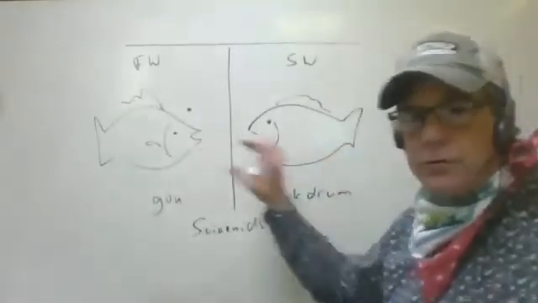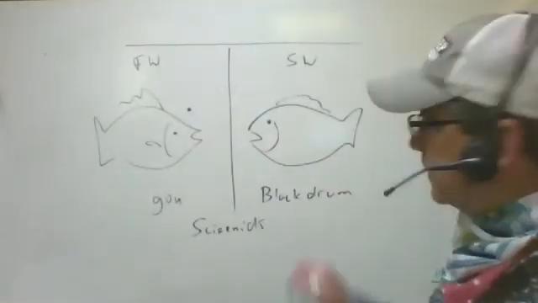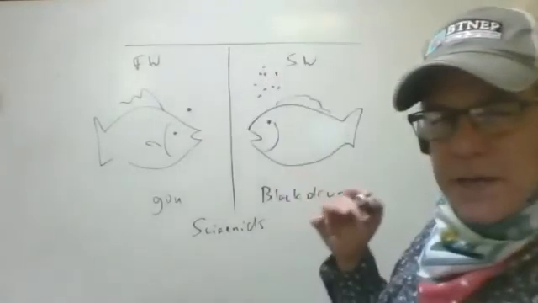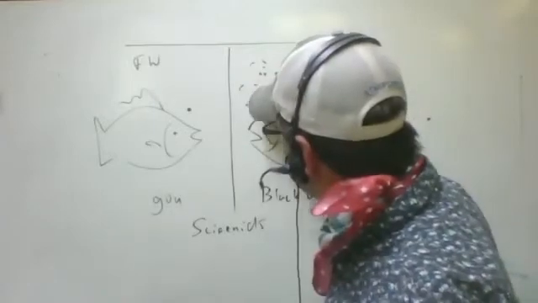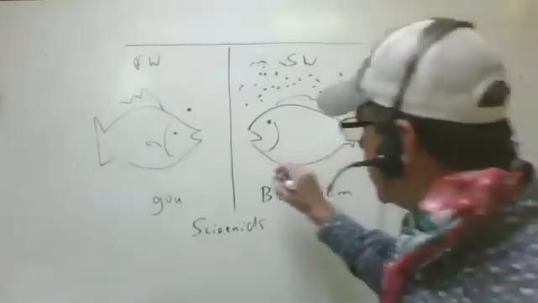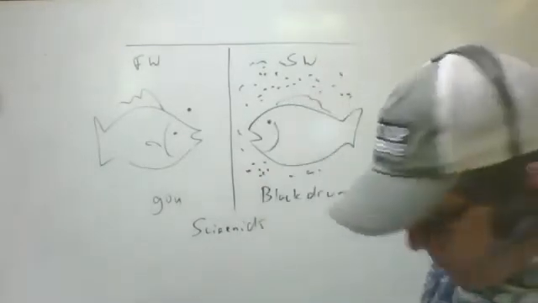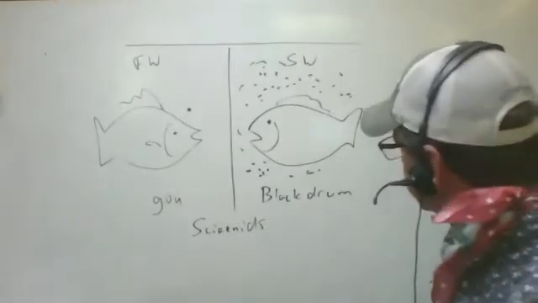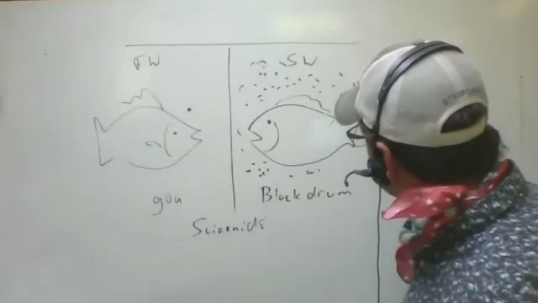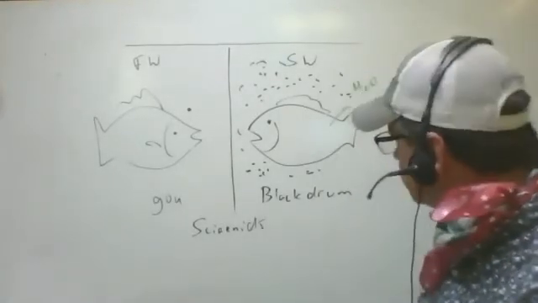But they're having to do two very different things, right? What are they fighting? This fish in salt water is exposed to more osmotic pressure on the outside of his body. There's more salt out here. So he's always in danger of losing water. Water wants to be pulled out of his body, right?